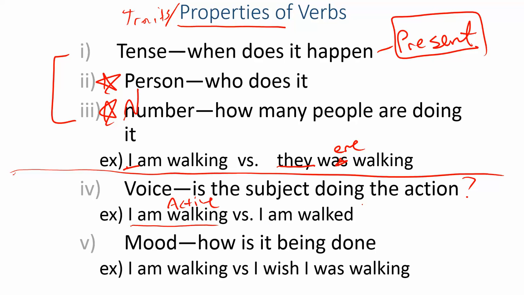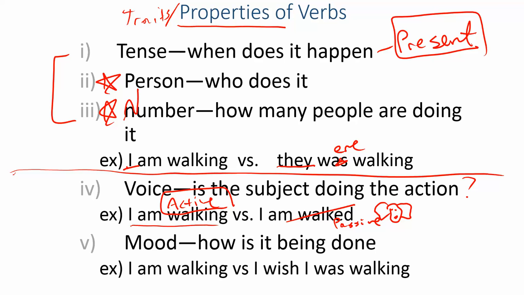Now the I is not the one doing the walking. They are being walked. Like somebody would walk maybe their puppy dog. That's actually called passive because the subject is passively receiving the verb. We're not going to worry about that right now. Active is when the subject does it, and that's all we have.